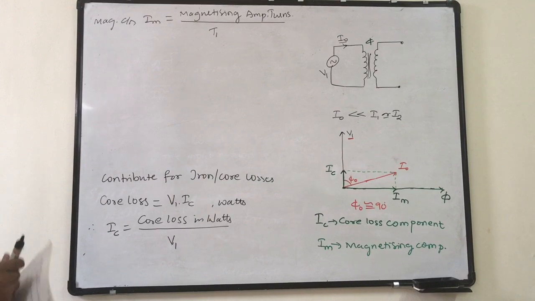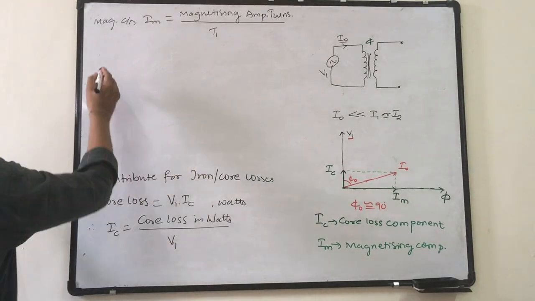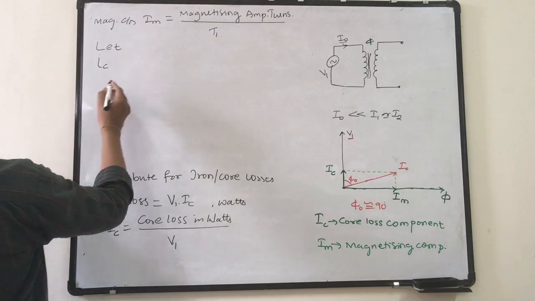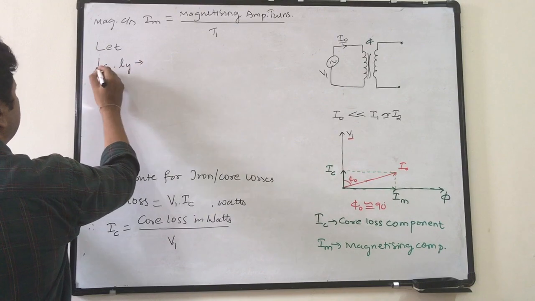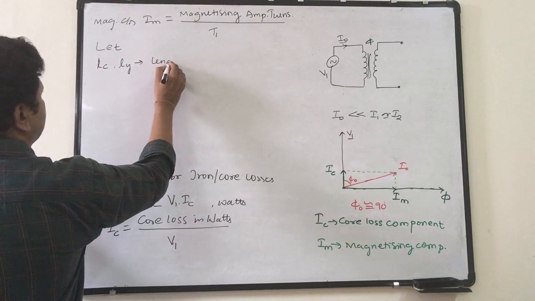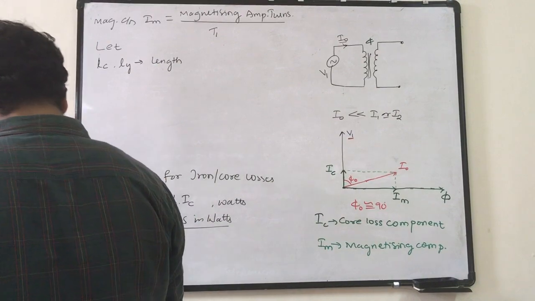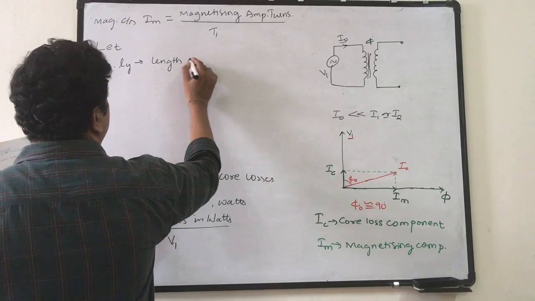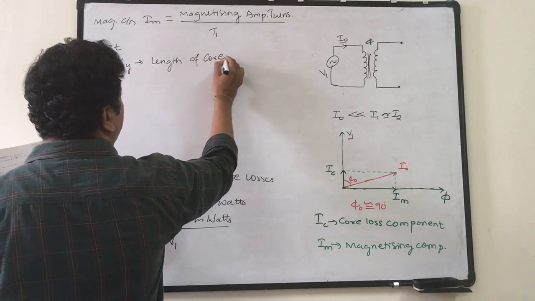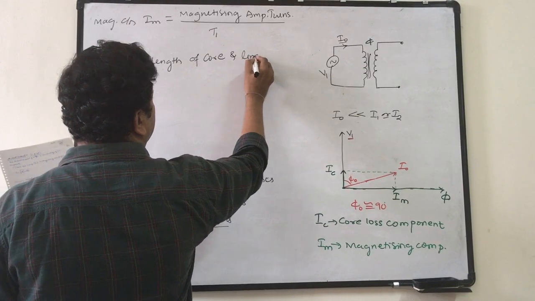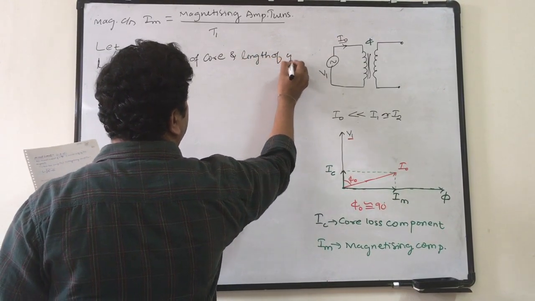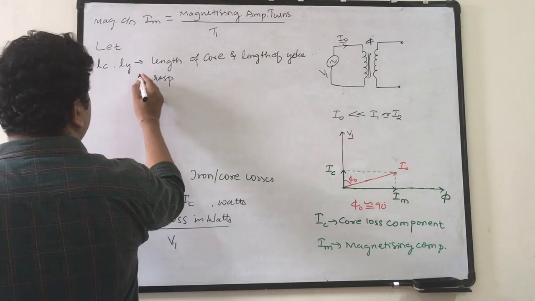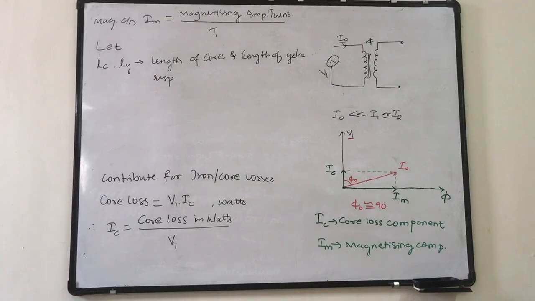So let LC and LY be the length of core and length of yoke respectively.